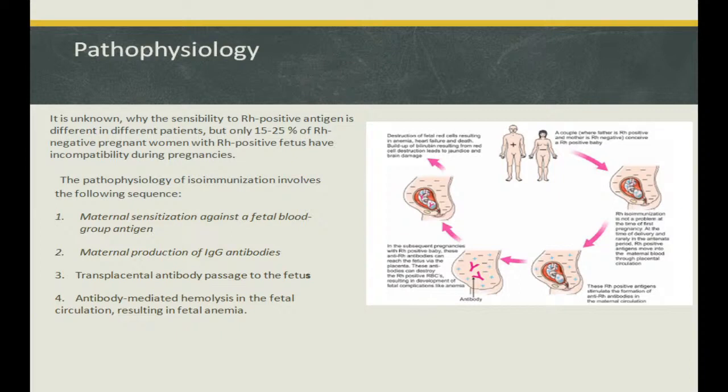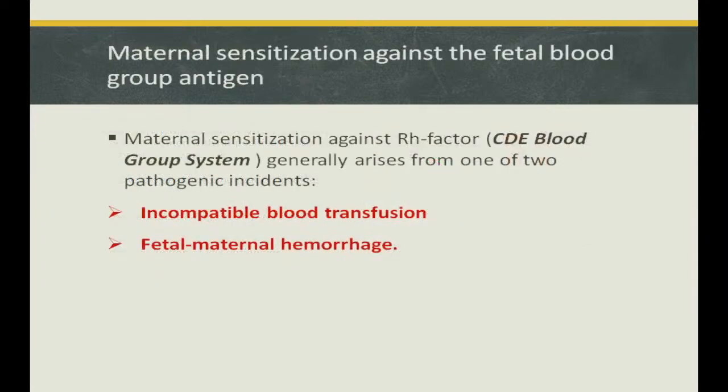It is followed by antibody-mediated hemolysis in the fetal circulation, resulting in fetal anemia, because a reaction of agglutination between antigen and antibody will start to develop, and it is followed by development of a hemolytic component, icterus component, and at last with manifestation of the process leading to hydrops fetalis with development of fetal death.